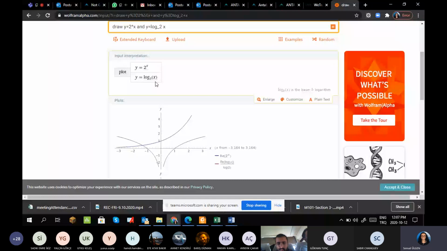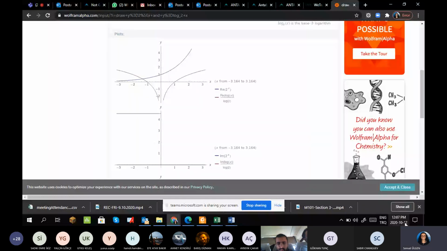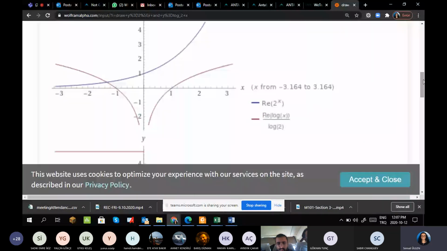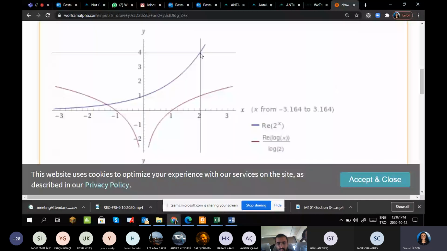Let me enlarge it. Okay, now I was able to do that. The blue one is 2 to the x. And this pink one, just ignore the one on the left, because the one we are interested in is logarithm base 2 of x, this one.